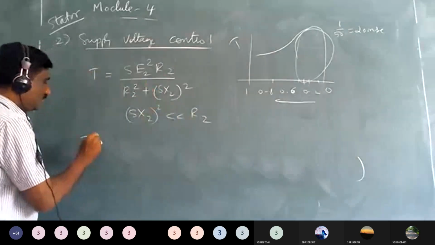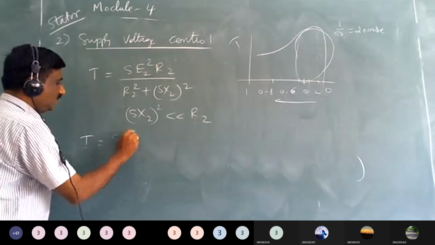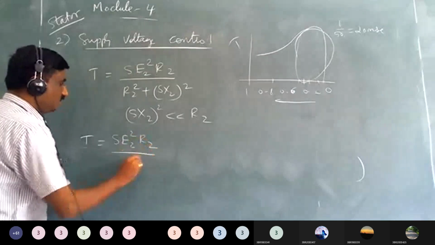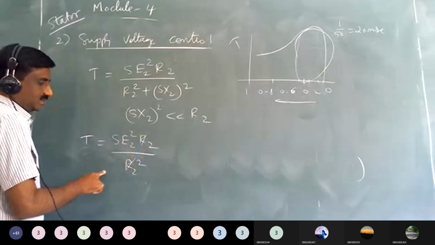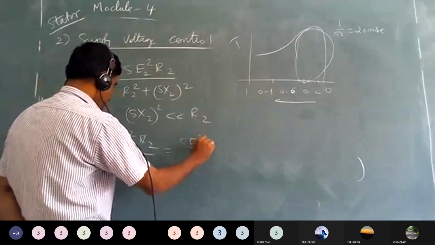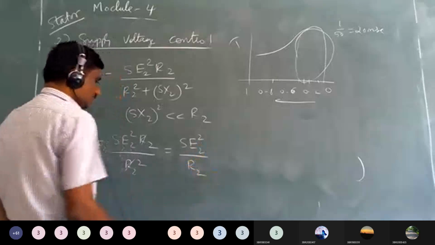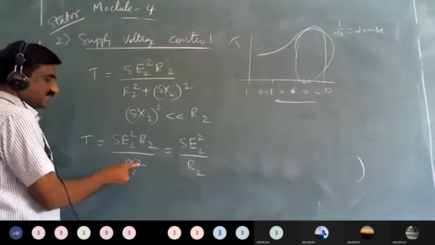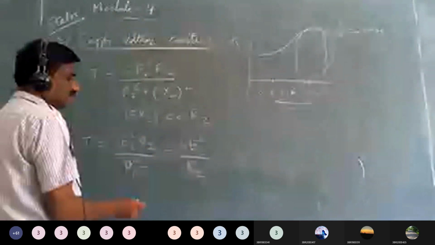So torque equals S E2 square R2 by R2 square. One R2 cancels, so what is remaining? S E2 square by R2.